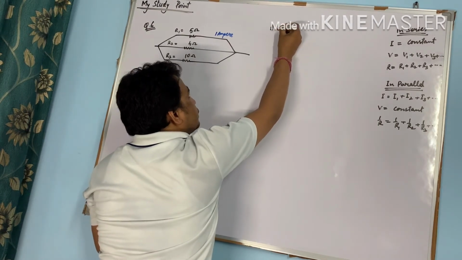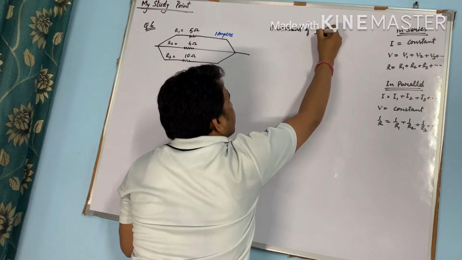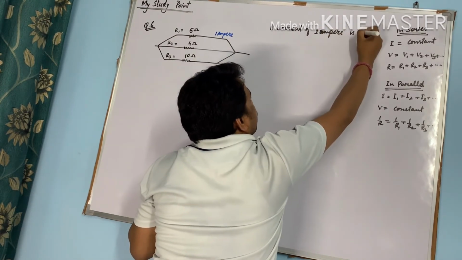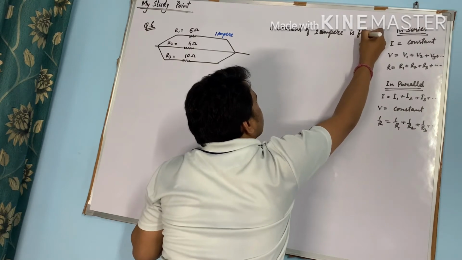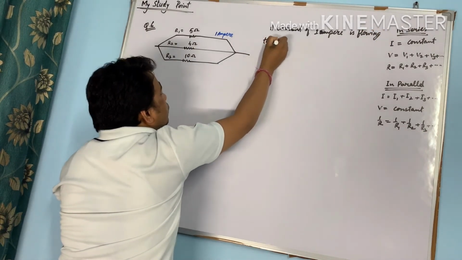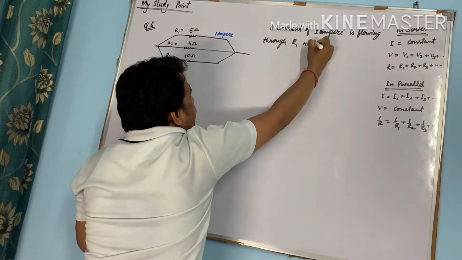A current of 1 ampere is flowing through the first resistor, R1.